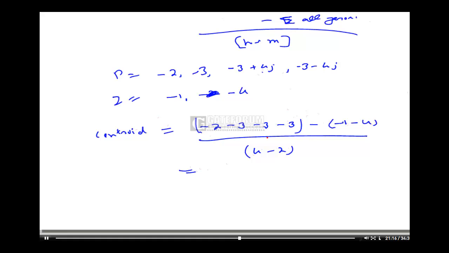So the sum of this is -11 plus 5 upon 2, which is -6 upon 2, equal to -3. So the asymptotes will intersect at -3 in the root locus.